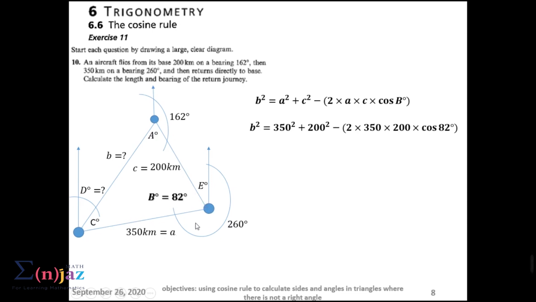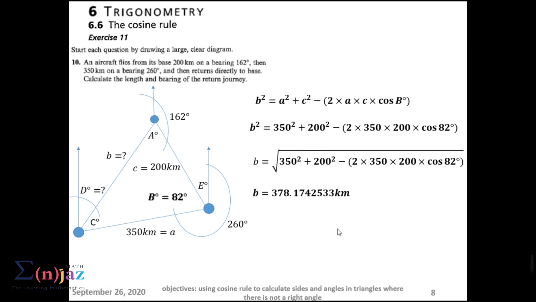We are finding B, so we're going to square root each side. So this comes down to B is equal to the square root, and all this goes under the square root. This is ready to be inserted in the calculator, and if you do so, B is going to come down to 378 kilometers, and this is correct to 3 significant figures.